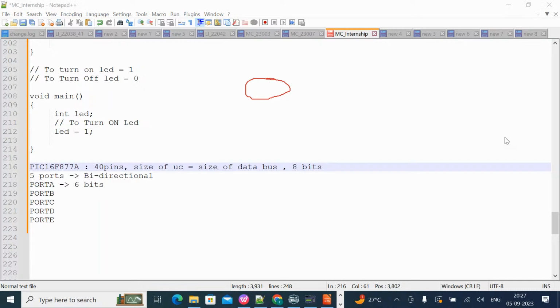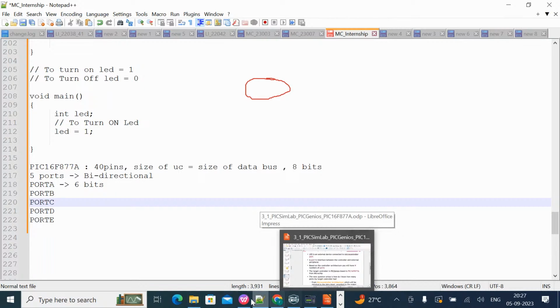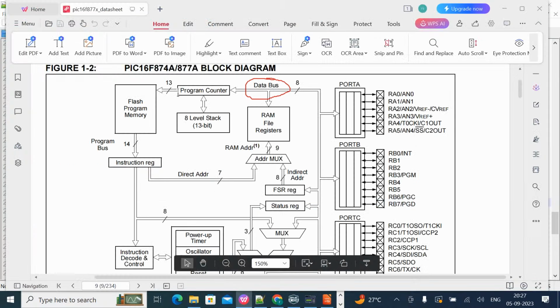Great. Clear? Everybody, are you able to follow me so far? So the maximum microcontroller register size is going to be 8 bits. Fine. So where you see 13 bits, let me go here. The 13 bit is the program counter they are mentioning. Data bus size, are you able to see? 8 is mentioned here. Let me highlight this.